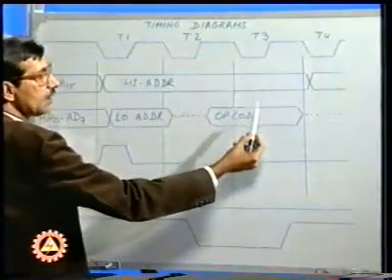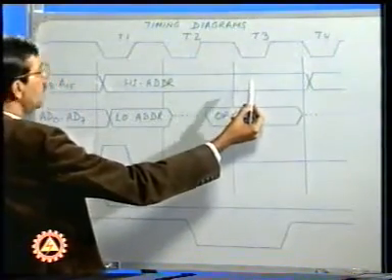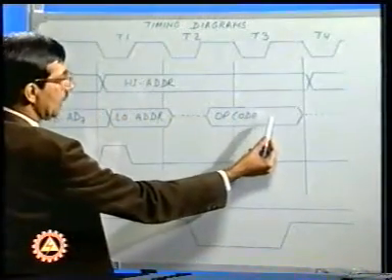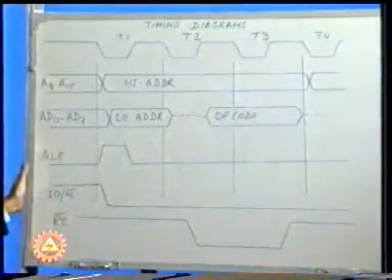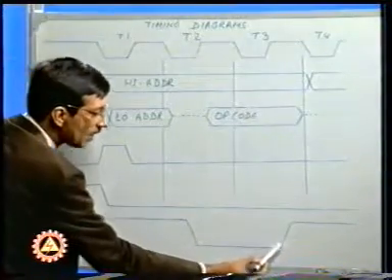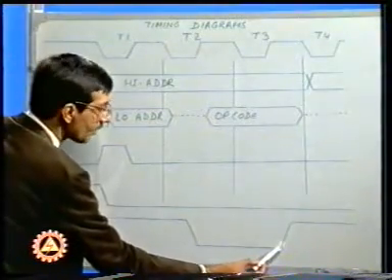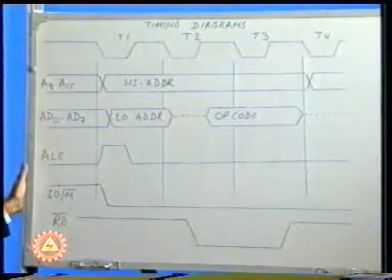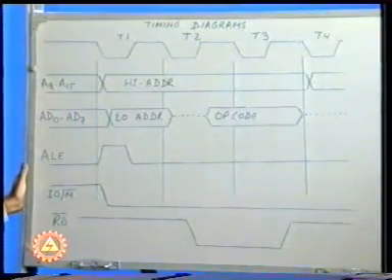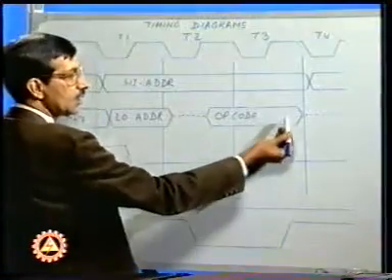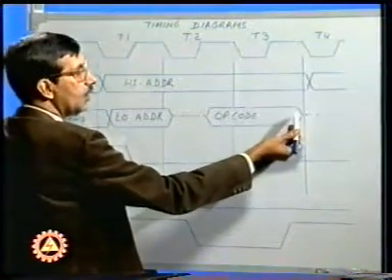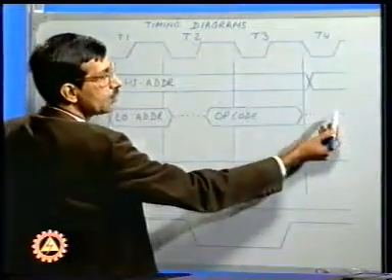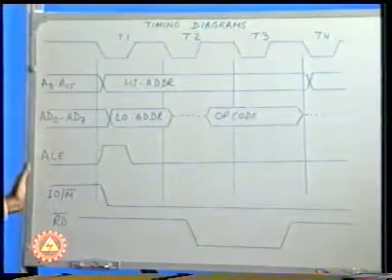During the third T state, there is no change as far as A8 to A15 is concerned, practically no change as far as AD0 to AD7 is concerned, but towards the end of the T3 state, the RD bar signal goes high, thereby losing interaction with the memory, the result of which is the loss of data on AD0 to AD7, which was our opcode. And after that, it goes into the so-called tri-state condition.